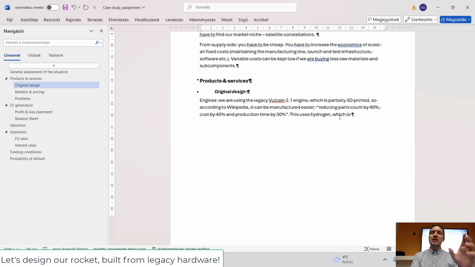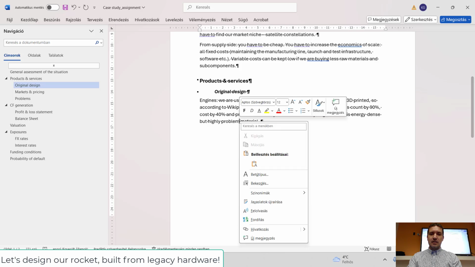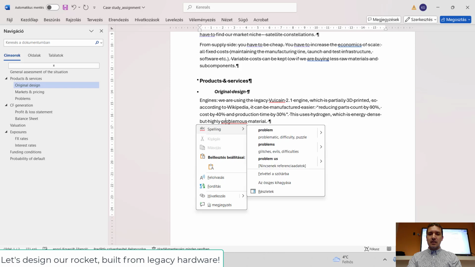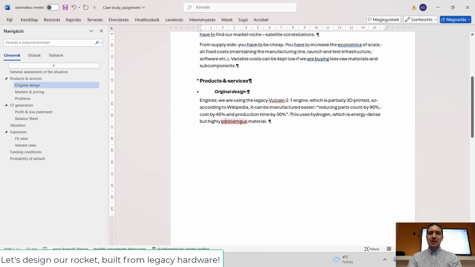It is energy dense, but highly problematic, sorry. Tremendous problems. Okay.